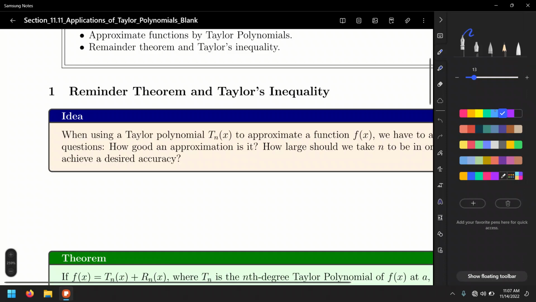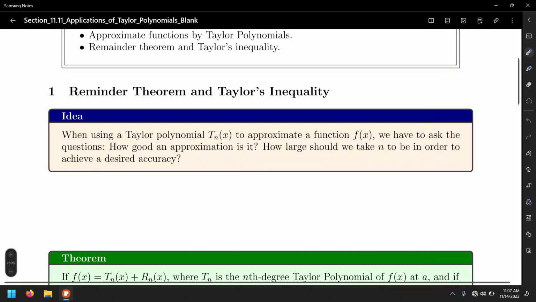Number one, all we have been doing for the last couple of sections is approximating functions using either Taylor polynomials or Maclaurin polynomials, depending on the center of the polynomial, to ultimately come up with an approximation. But recall that an approximation is just that, an approximation, not the actual value.